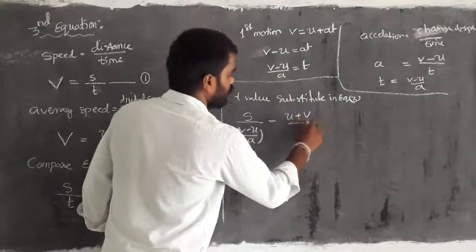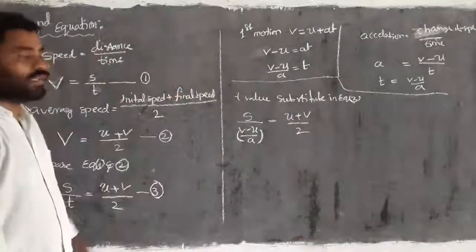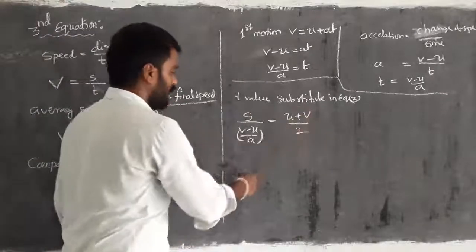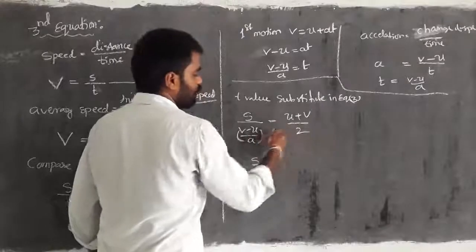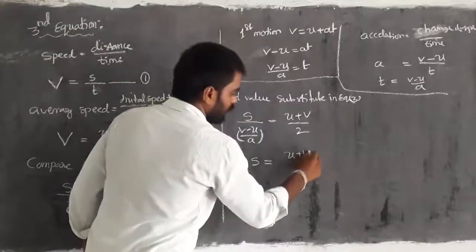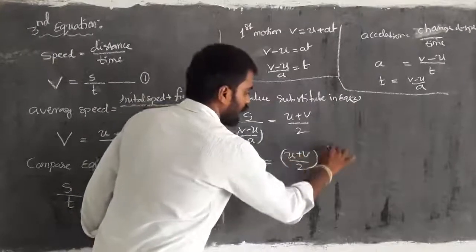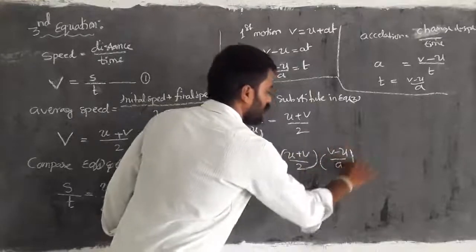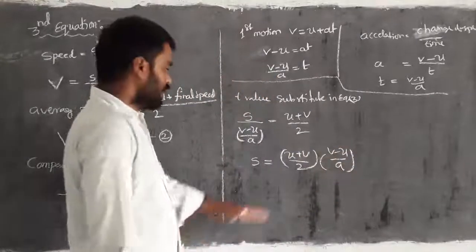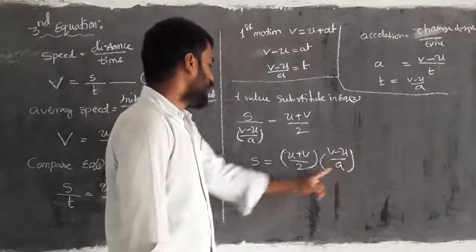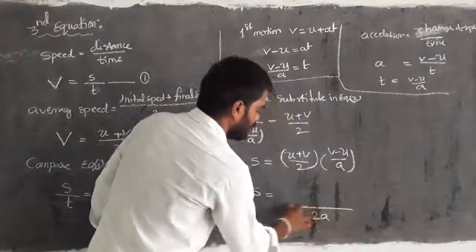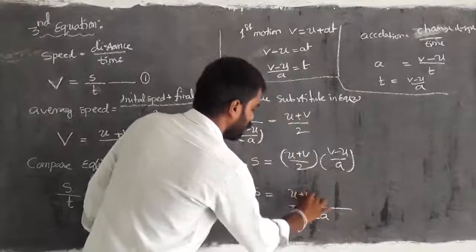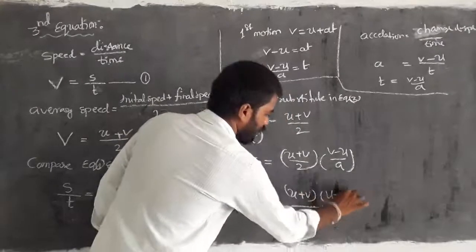Then on cross multiplication, it changes like this. When you take this to the right side, u plus v and u minus v by a. Here you have to take 2a as LCM. s is equal to, if you take 2a as LCM, we can write u plus v and u minus v.